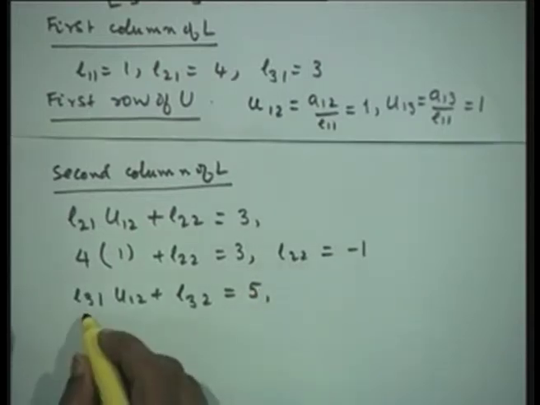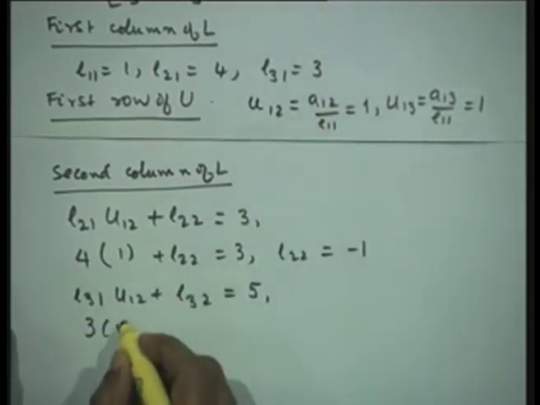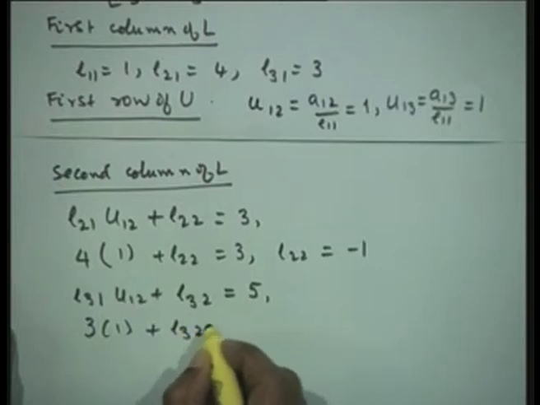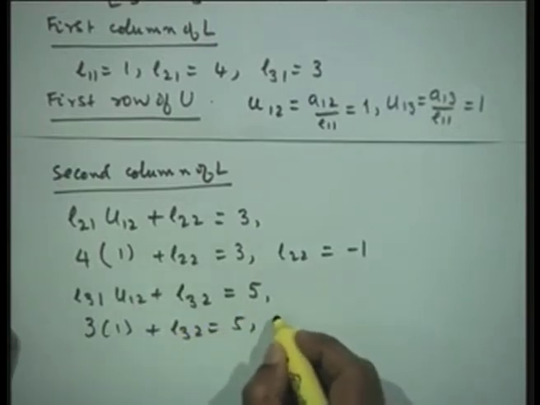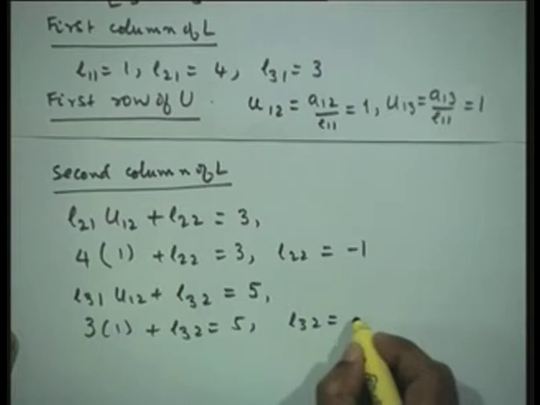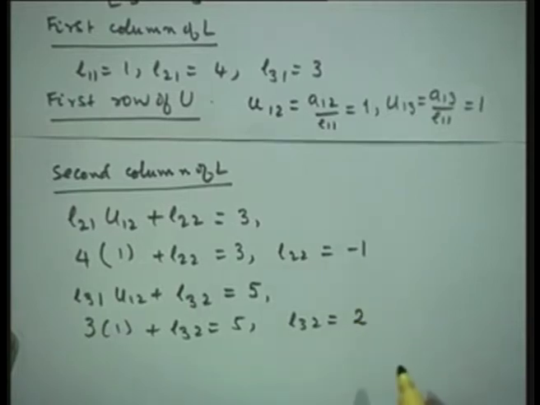Now, let us substitute L31 is 3, U12 is 1 plus L32 is 5. Therefore, L32 is equal to 2. Now, we have completed the second column of L.